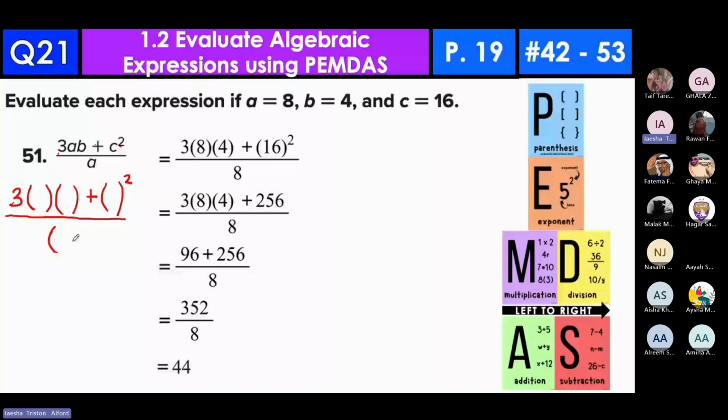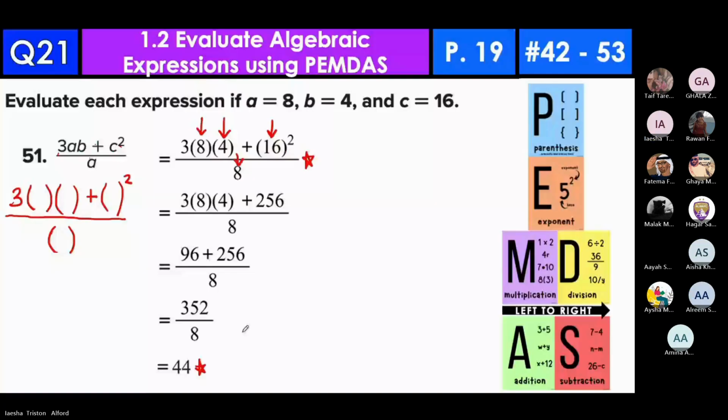After you put the parentheses, put the numbers inside. From here, you can type it in the calculator, get the answer direct, or you need to show more work. Parentheses, exponents, multiply and divide from left to right, add and subtract from left to right.